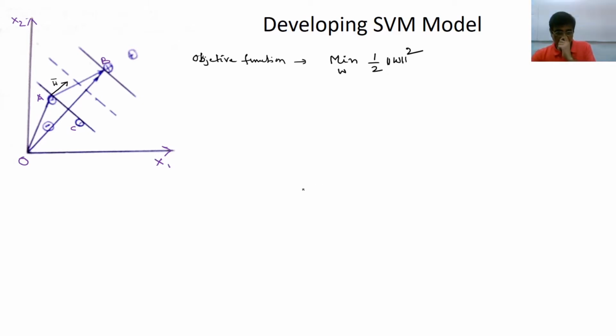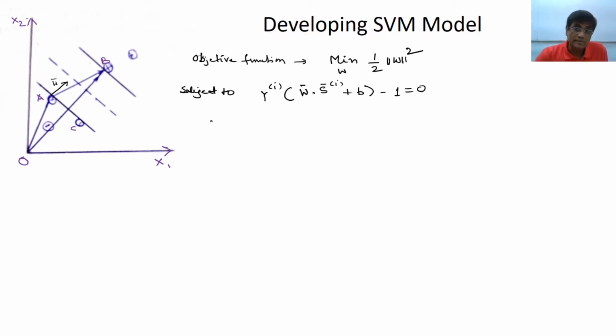So this was our objective function, and subject to yi (W x plus b) minus 1 equal to 0. So this is my constraint, this is my objective function.